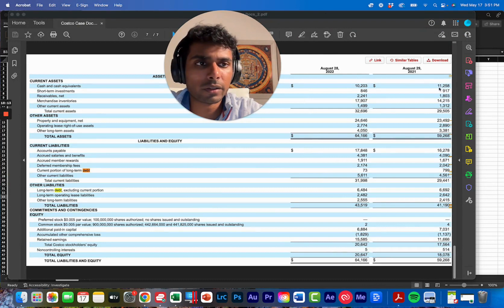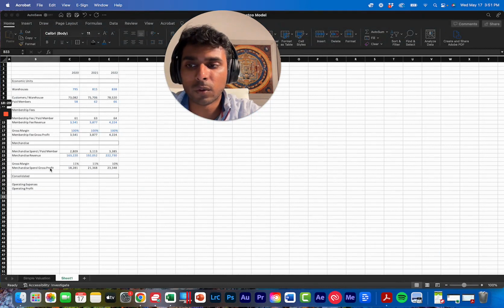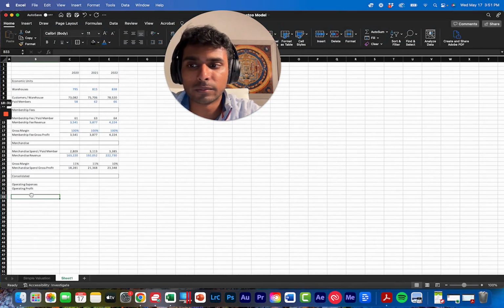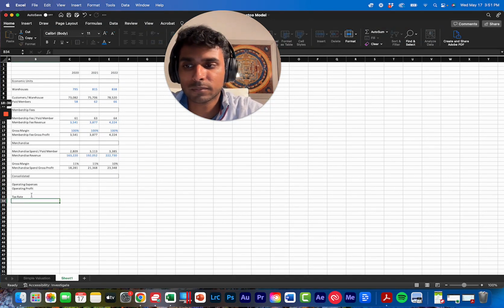If you compare the cash and short-term investments to the debt, the current portion, which is 799, but also the long-term portion. So again, I'm going to just ignore the non-operating costs and any kind of interest expense, which is basically just offset by interest they earn on the cash.